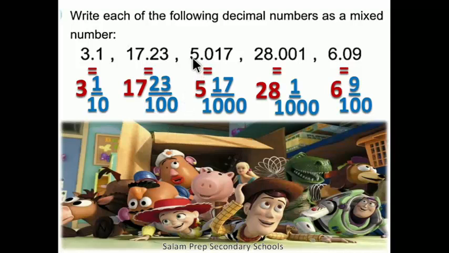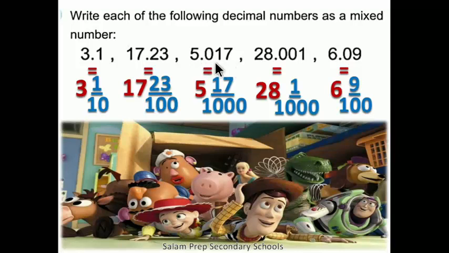The next one, 5.017. This is a decimal number. I will write it as a mixed number. The whole number is 5. I will put 5. Okay? Don't write the decimal point. Write the digits after the decimal.